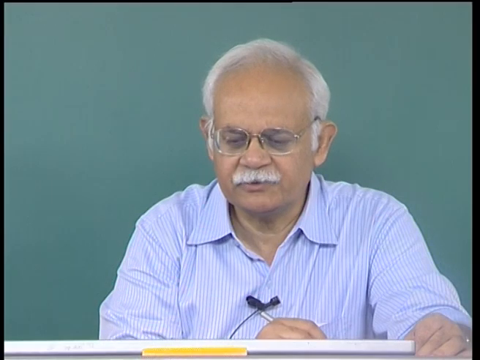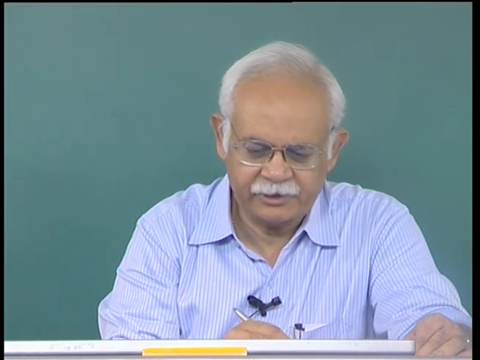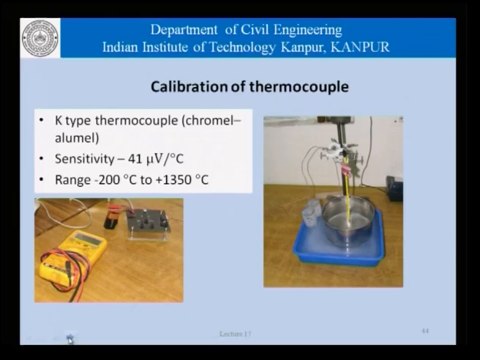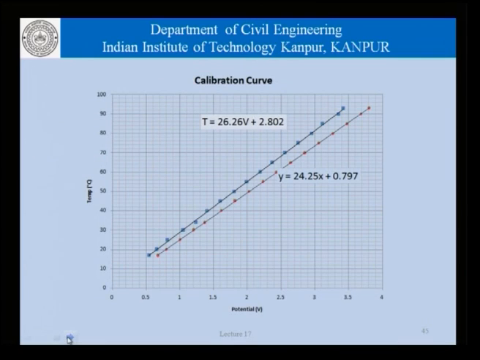So, thermocouples were used to monitor the temperature at different points in the concrete, and were validated using water to give us these kind of values, which basically showed that the thermocouples were working properly, and within a range of, let us say, 0 degrees to 100 degrees, we have a reasonably accurate way of measuring the temperature.